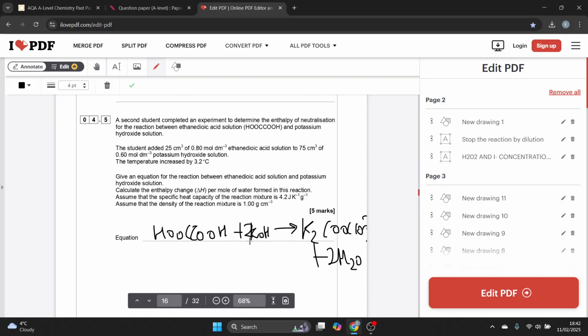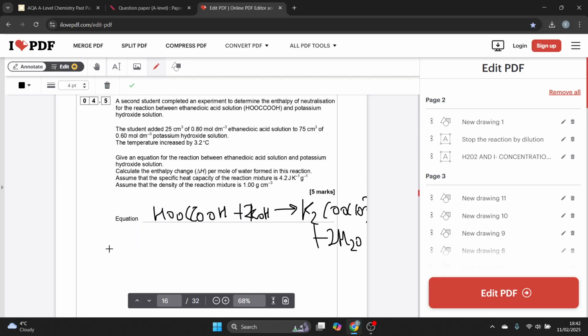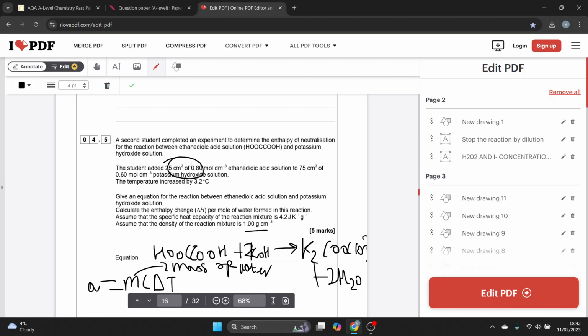Then it says calculate the enthalpy change per mole of water from this reaction. First thing I would do is Q equals mc delta T, right? What does that mean? Well, m is the mass of water, and it says assume the density of the reaction mixture is 1 gram per centimeter cubed. 25 centimeters cubed of this, 75 centimeters cubed of this.